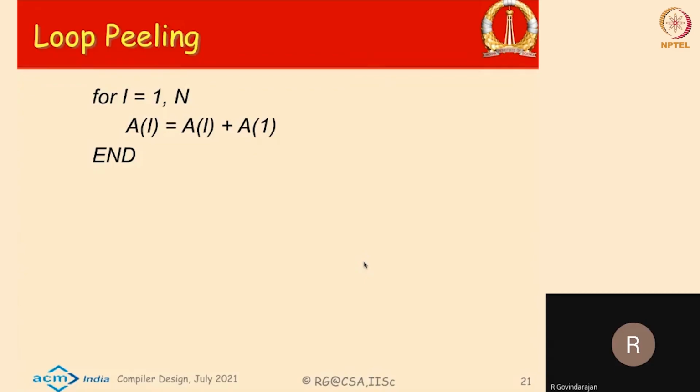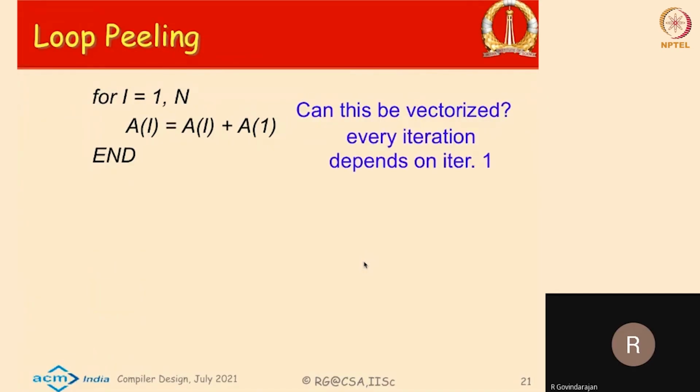So there is a dependence from the first iteration to the second iteration to the third iteration and up to the nth iteration. Therefore, if you want to execute these iterations in parallel, it is not possible because there is a dependence from the first iteration to every other iteration. Therefore, this cannot be parallelized, or vectorized, whichever way we want to look at it, because every iteration depends on iteration 1.